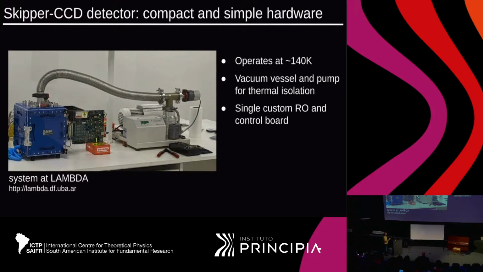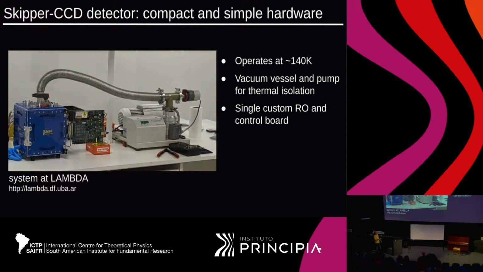But again, this is how a full system looks. This is a system that we have at the University of Buenos Aires, the Lambda laboratory. You can see that this is fairly compact compared to other technologies because you don't need to go as cold. It operates well above liquid nitrogen temperatures, which makes your life a lot easier.